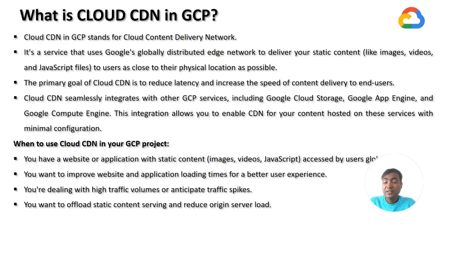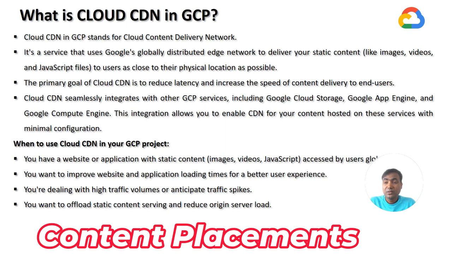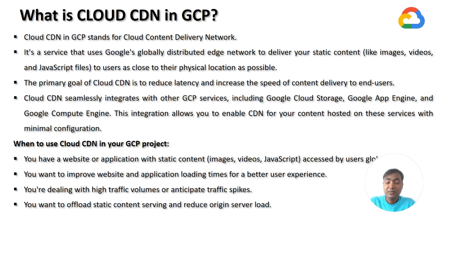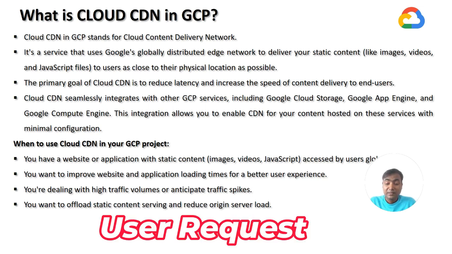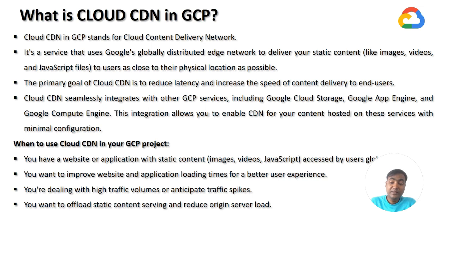How Cloud CDN works in GCP: content placement, user request, content delivery, and origin fetch. Content placement means you configure Cloud CDN to cache your static content at its edge locations around the world. User request means when a user accesses your website or application, their request is routed to the nearest edge location.